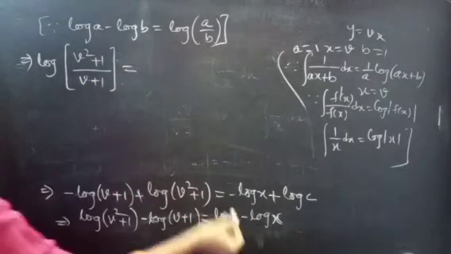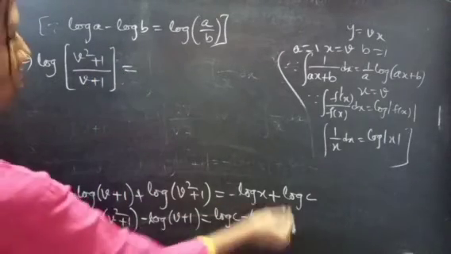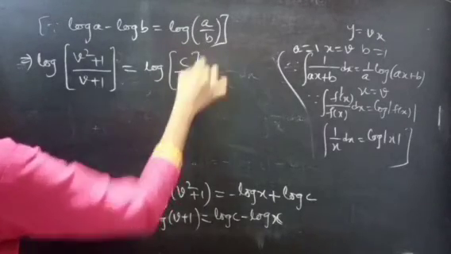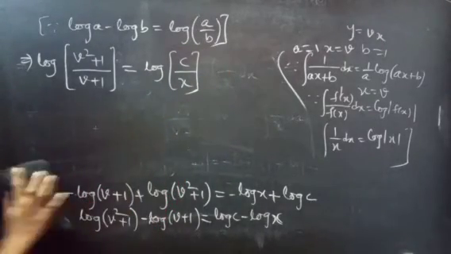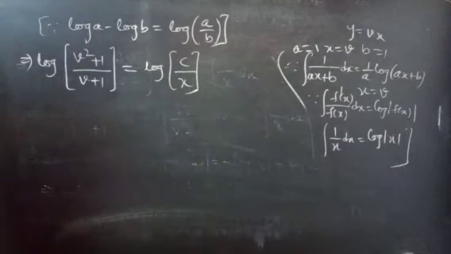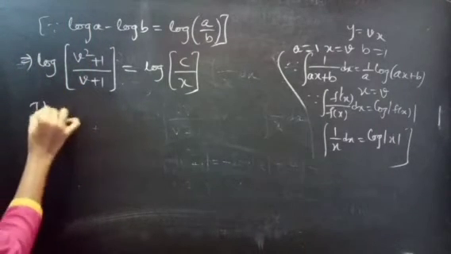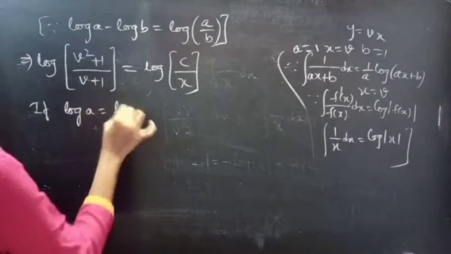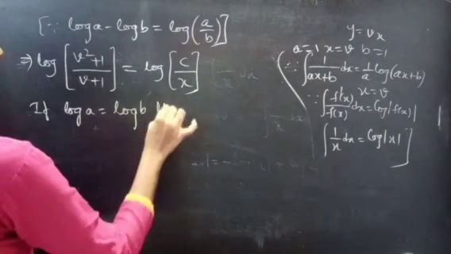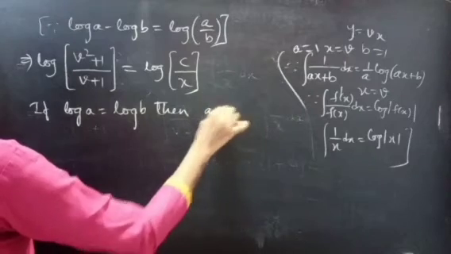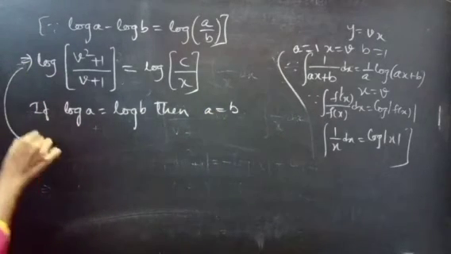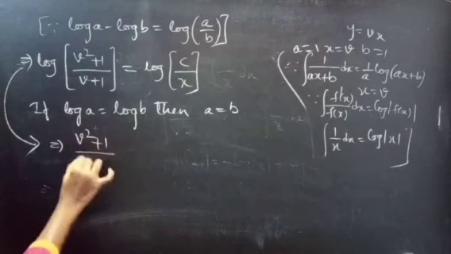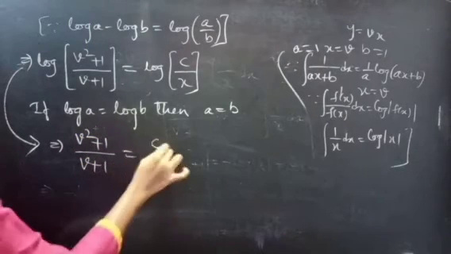Similarly here also, log a minus log b will be log a by b. We know that if log a equals log b, then a equals b, and this becomes v square plus 1 by v plus 1 equals c by x.